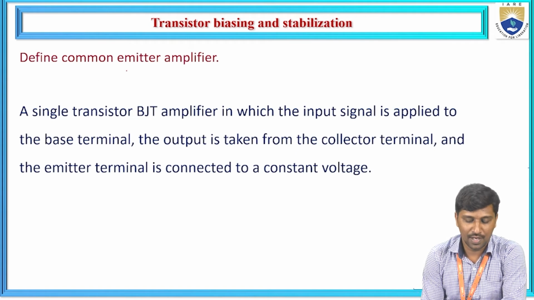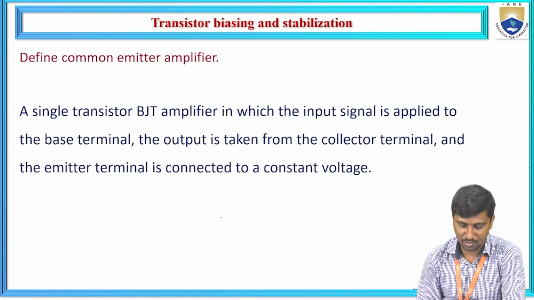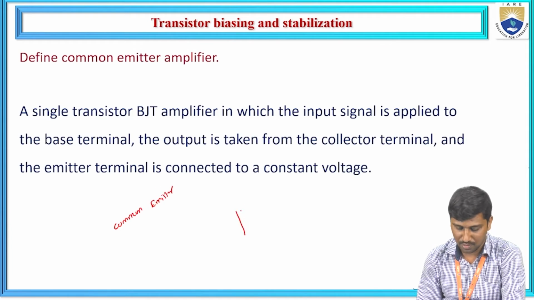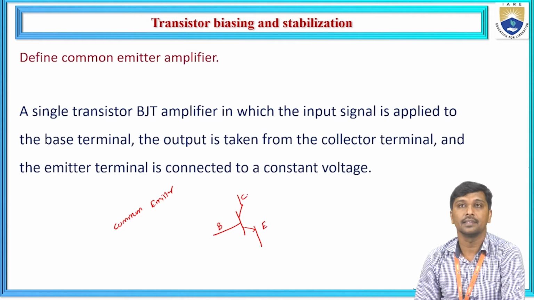Then define common emitter amplifier. In this, again we take the emitter as common for the input side and output side. Let us take this as emitter, base, and collector.